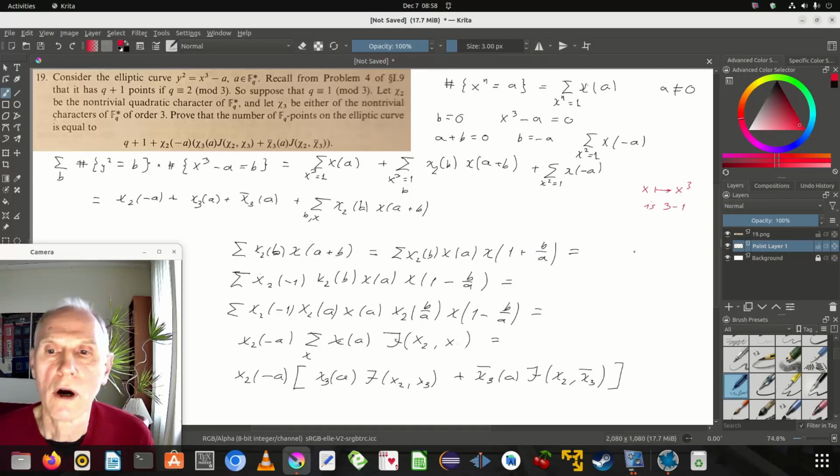And when Q is odd, then we also have that x mapping to x squared is 2 to 1.